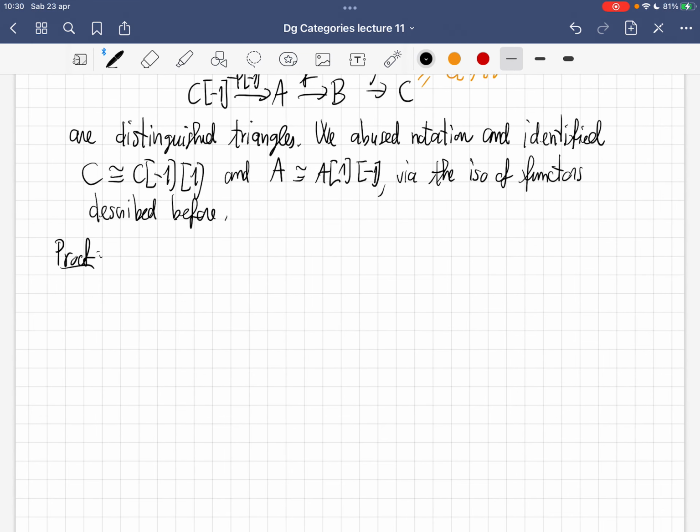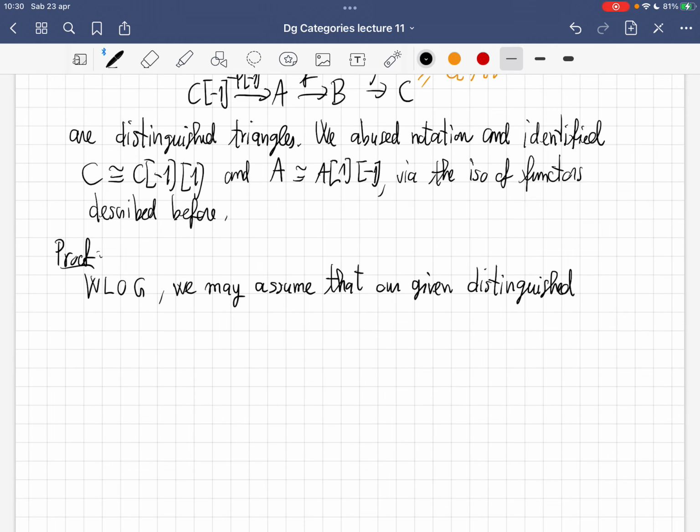So you can maybe accept that without loss of generality we may assume that our given distinguished triangle is induced by a pretriangle.